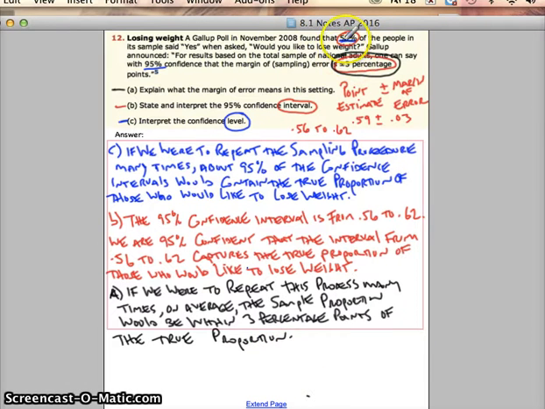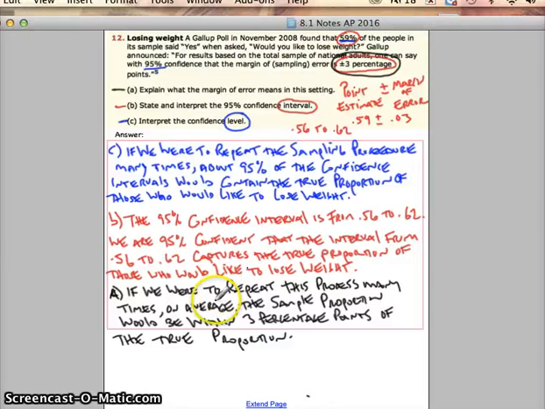Just to clarify, this 0.59 was just one sample. If we did a ton of samples, if we repeated it a whole bunch, on average, those individual samples, if we average them all up, we would be within 3 percentage points of the true proportion.